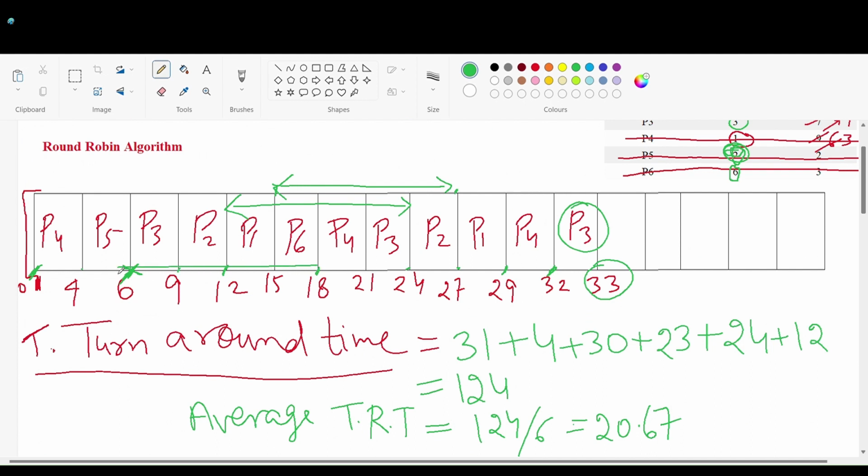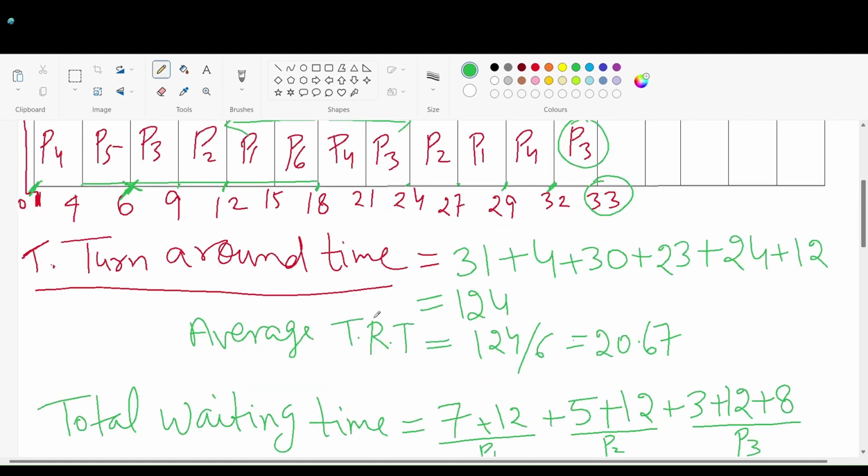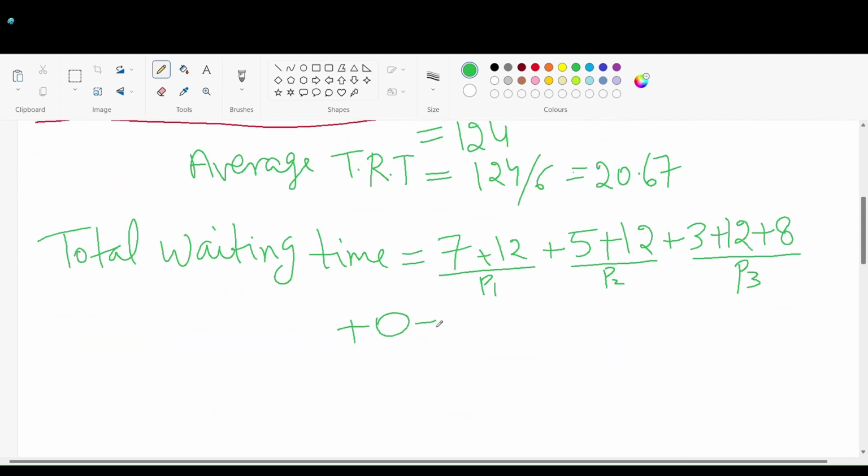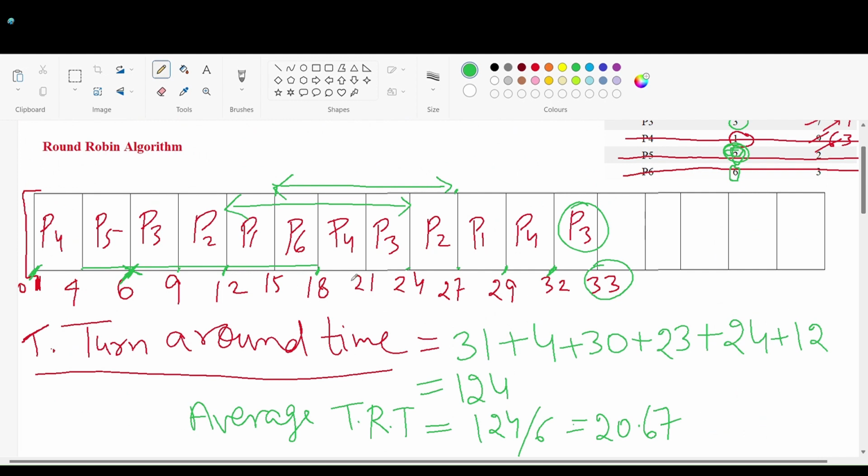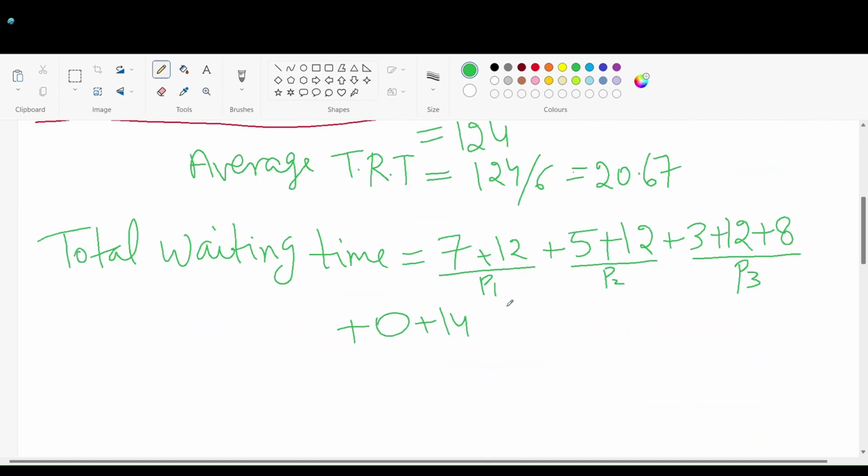So from 4 to 18 is the waiting time for P4. So it's 14. So 0 plus 14, but P4 doesn't complete yet. So P4 will also wait from 21 to 29, 8 times. So this is the total waiting time of P4.